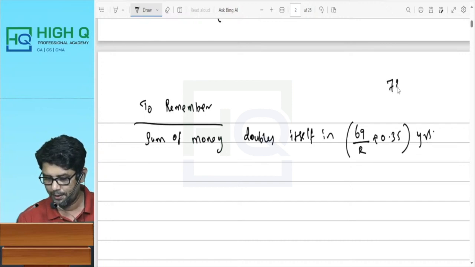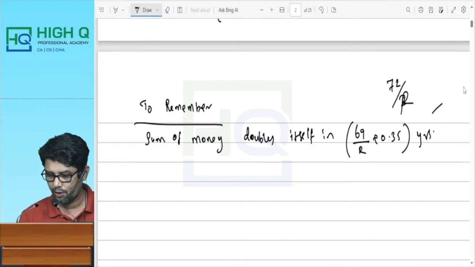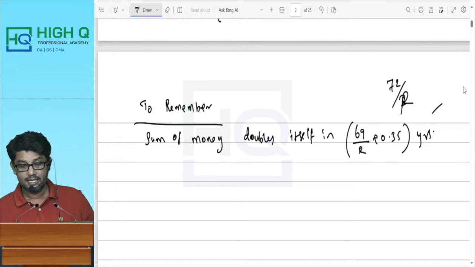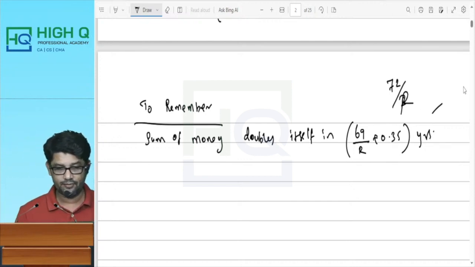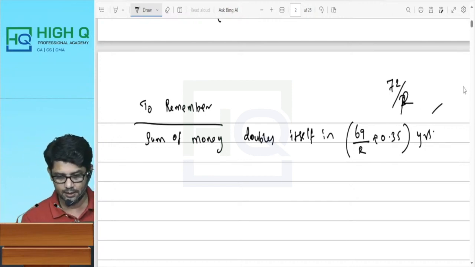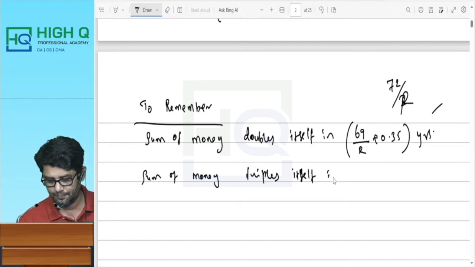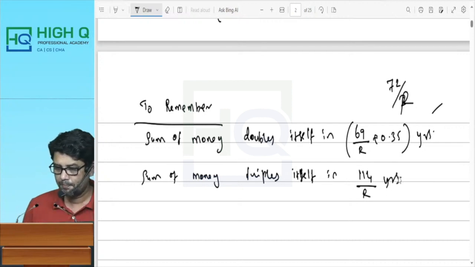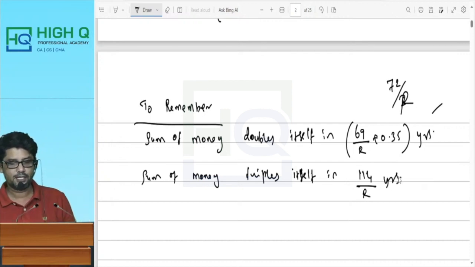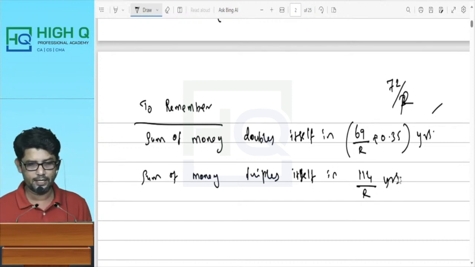Few people may give it as 72 by R, but if you want the exact answer, you can go for 69 by R plus 0.35 years. Next, a sum of money triples itself in 114 by R years.